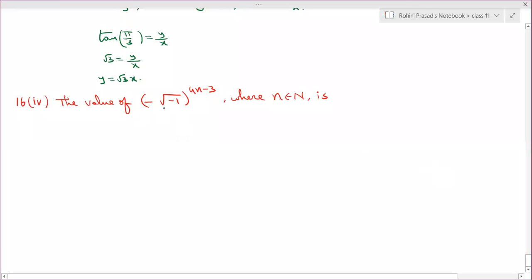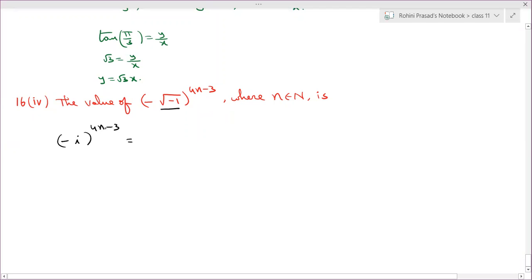So the value of this where n belongs to N is the question asked. And you can write this minus root 1 as i. So it's minus i whole power 4n minus 3. And 4n minus 3 is an odd number.